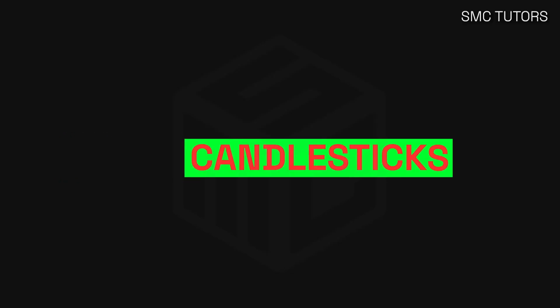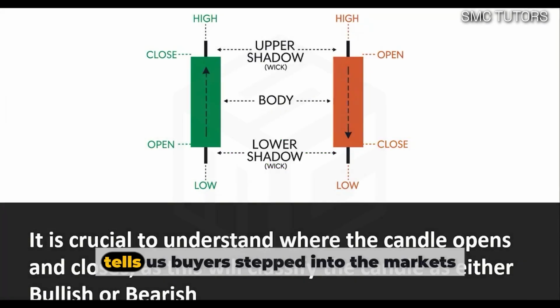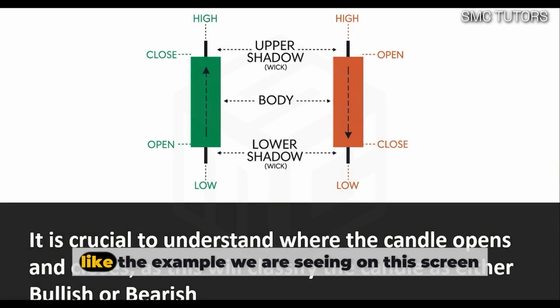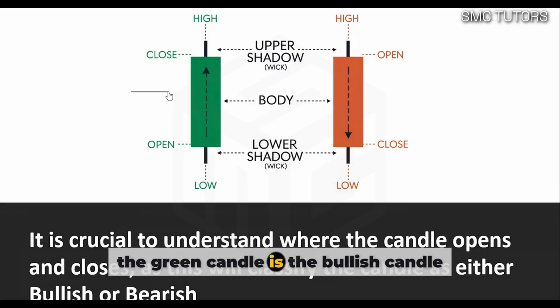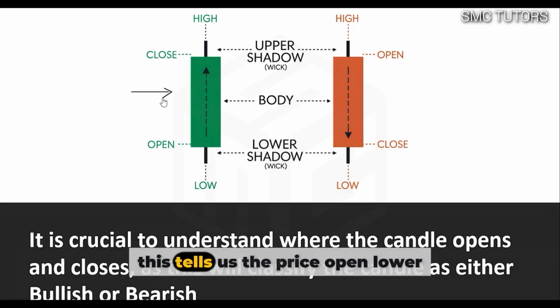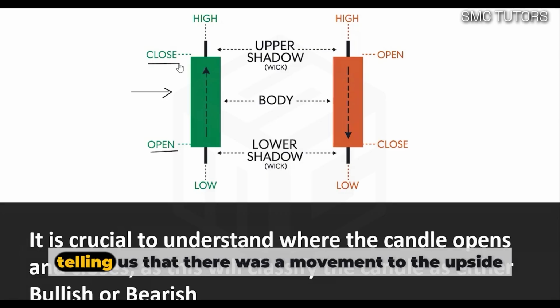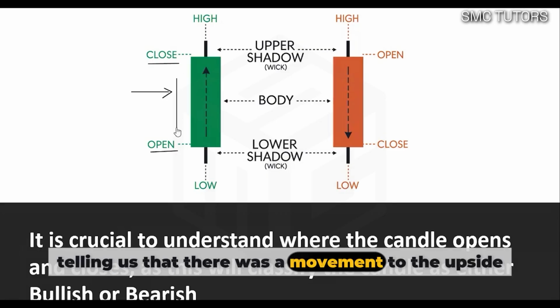Bullish and bearish candlesticks. A bullish candlestick tells us buyers stepped into the market, pushed price upward, and kept it there. Like the example we are seeing on this screen, the green candle is the bullish candle. This tells us that price opened lower and went upward and closed higher, telling us that there was a movement to the upside.